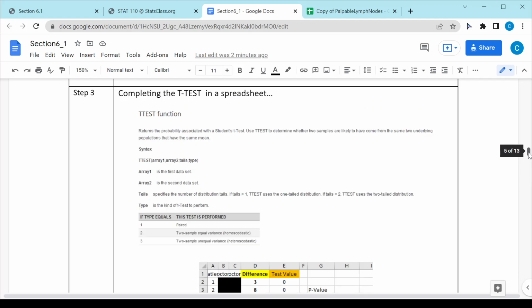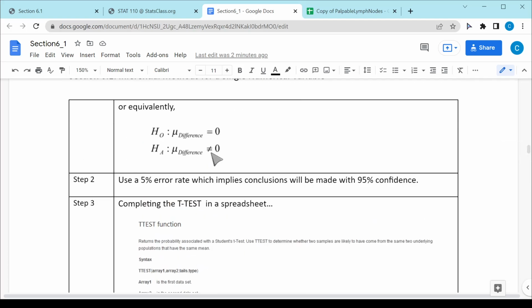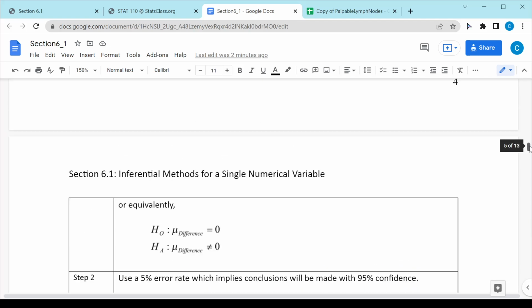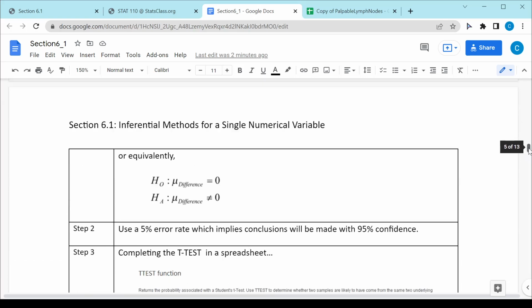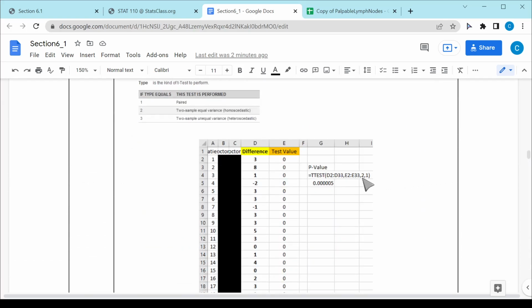If I am interested in just whether or not there's a difference, then that's going to be a two-tailed test. All right, let's go up to the Word version of this. In words, on average, differences exist. So I want to know whether or not there's a difference. This is a two-sided test. If I wanted to know whether or not Dr. A was bigger than Dr. B on average, then that would be a one-sided test, and I would need to change this 2 right here to a 1.